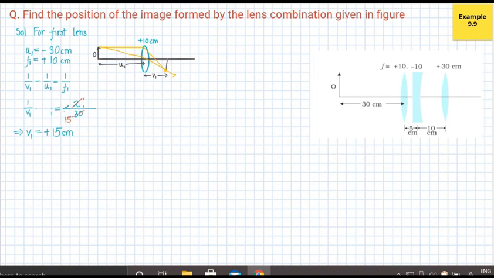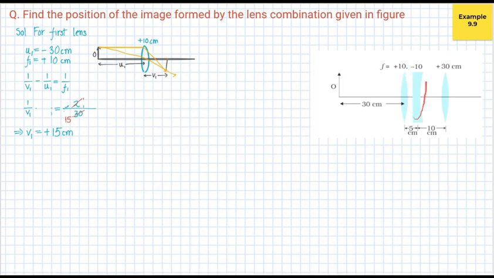Now for your second lens, the plano convex lens, this real image formed by your first lens will act as a virtual object for your second lens. So let me just write down here.